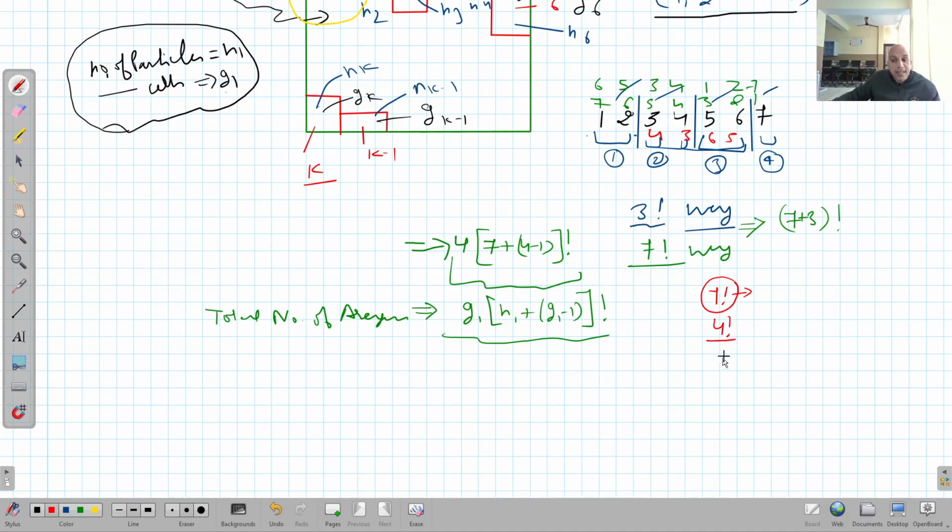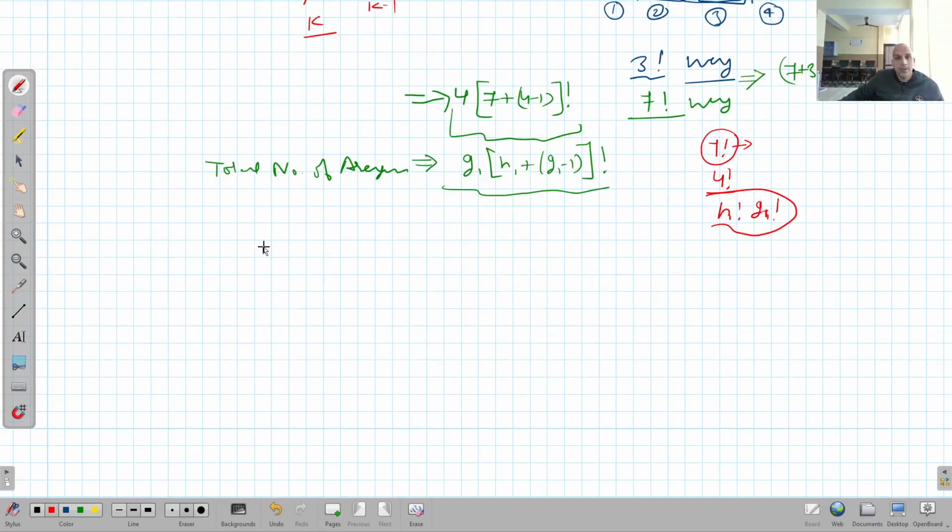So the total number of meaningless arrangements is N1 factorial into G1 factorial. Clear? That is equal to N1 factorial into G1 factorial.